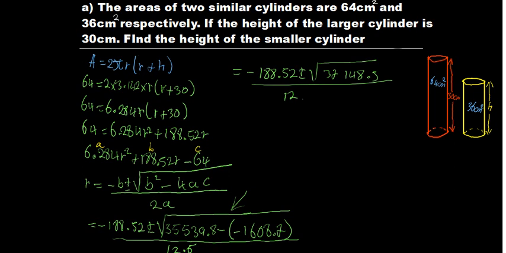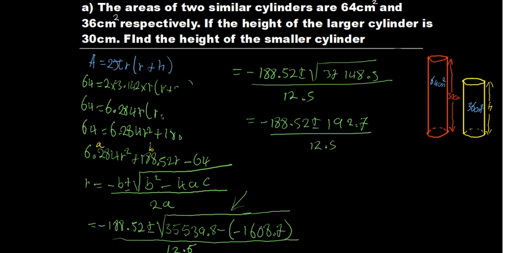So the square root of that is what you're going to get, a minus 188.52, positive or negative. I get 192.7 divided by 12.5. We no longer need this part.